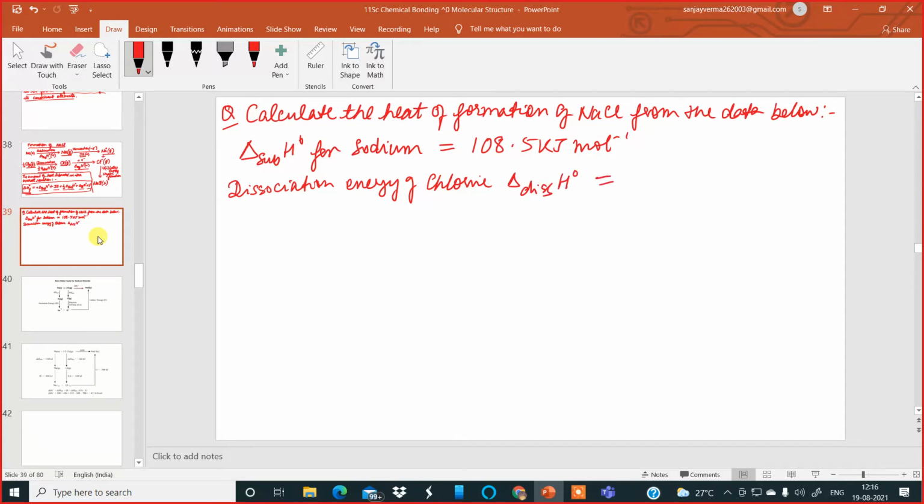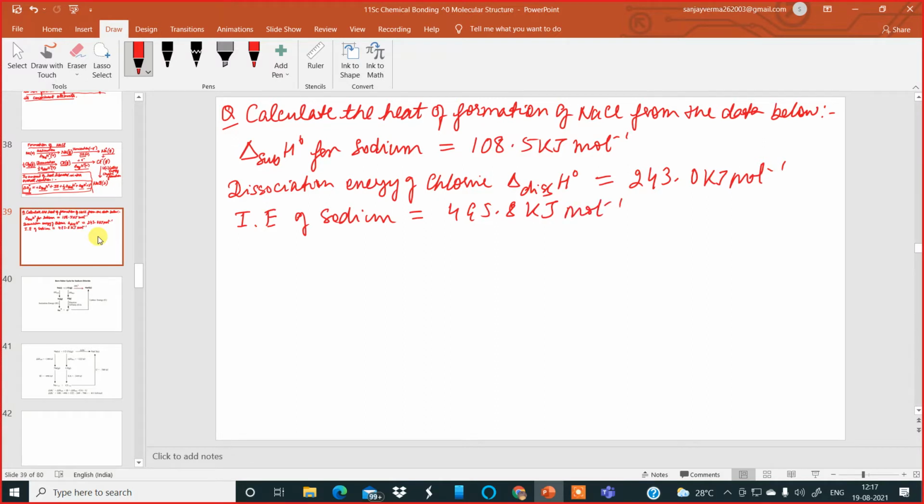Its value is given 243.0 kilojoules per mole. This is part of the question. Then ionization energy of sodium is given to be 495.8 kilojoules per mole.